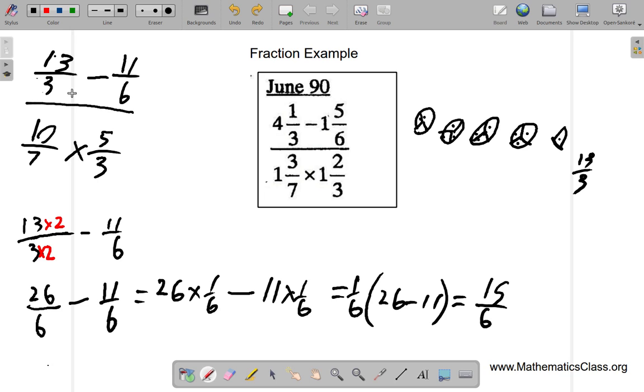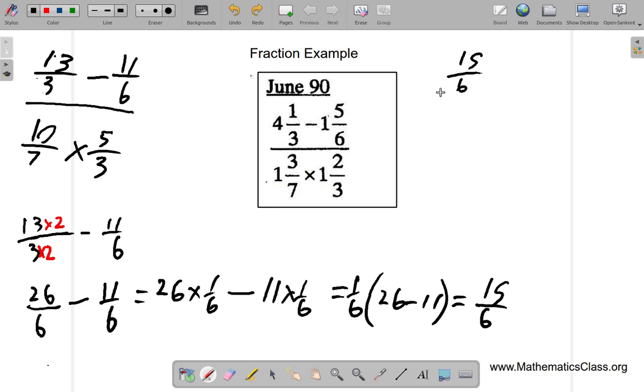That just does the top part here. We haven't touched the 10 over 7 times 5 over 3 yet. Now let's just erase what I have up here to make some space. All of this comes down to 15 over 6 all over 10 over 7 times 5 over 3.